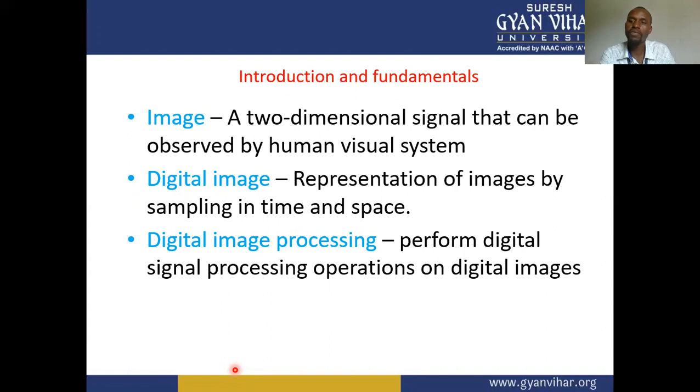I believe you did science while you were in class 2 and in primary, and you were able to have an introduction to what is an image. By definition, an image is a two-dimensional signal that can be observed by the human visual system.